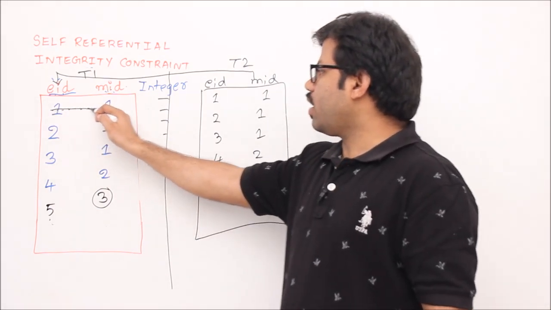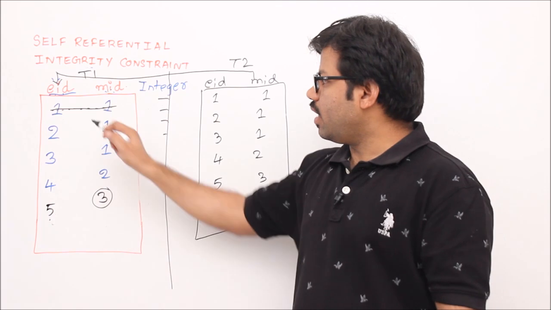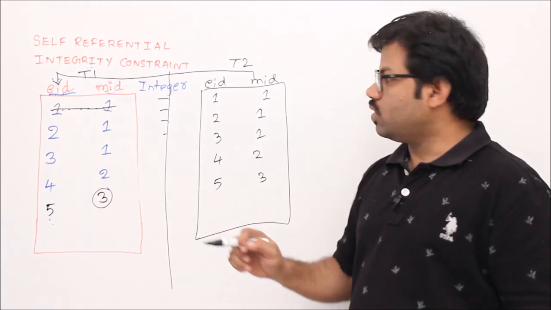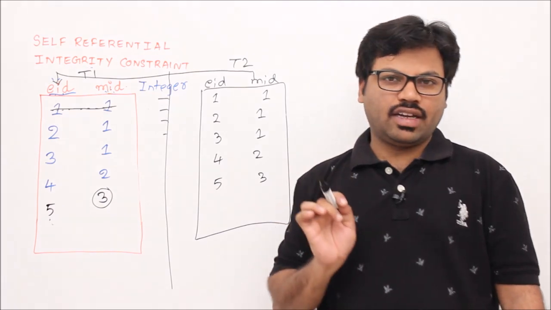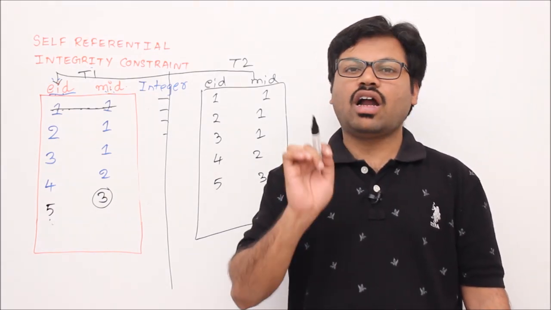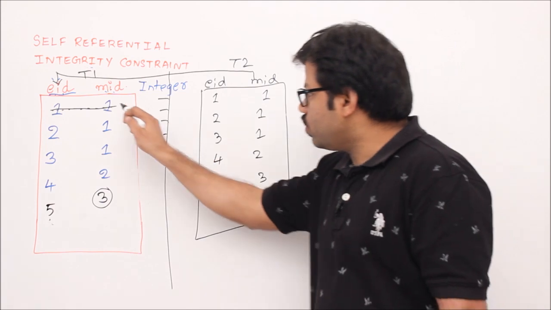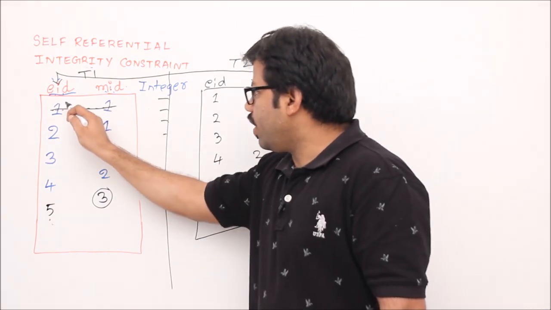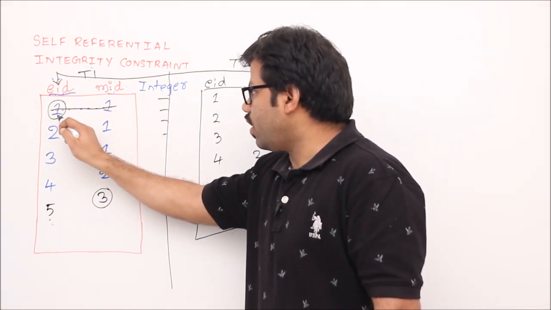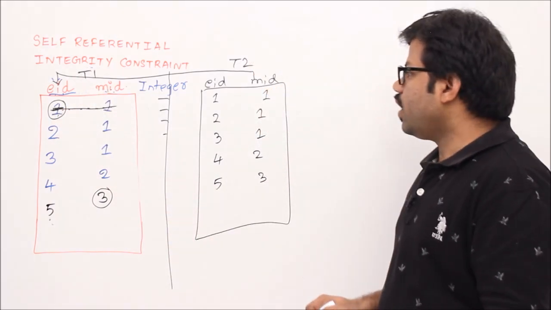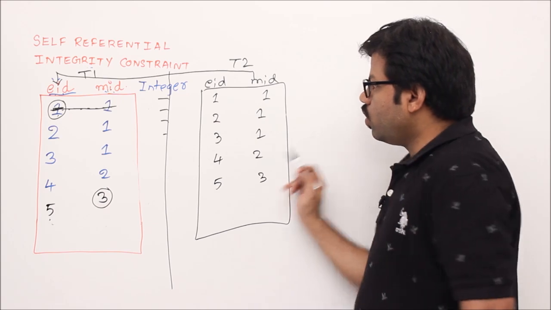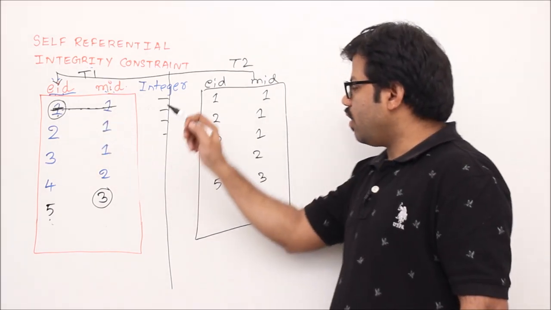Example, if I delete 1, 1, is it not like deleting from table number 1? Yes. Whenever you delete from table number 1, according to the referential integrity constraint, what is your strategy? On delete cascade. Then we should see this 1, 1. Is anybody referring to it? I see, this is 1, right? So you are going to lose 1. When you lose 1, immediately come to table number 2. Is this 1 referred by anyone?